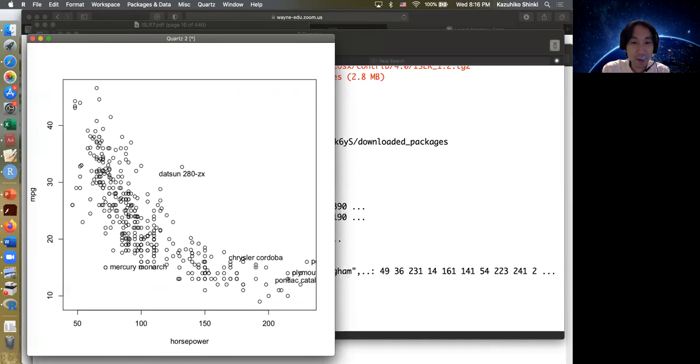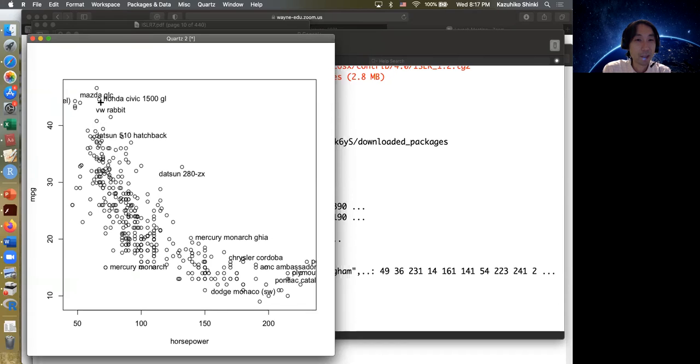The Chrysler Cordoba, AMC. I don't know this brand either. And Dodge. So this kind of interactive graph. The Mercury was also discontinued, I think. Datsun, Volkswagen, and Honda, Mazda, and so on.